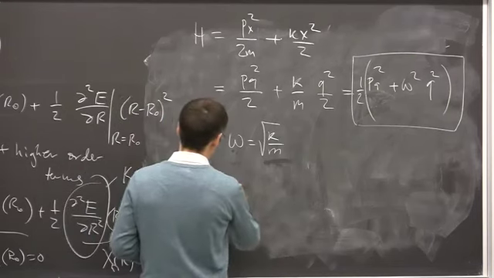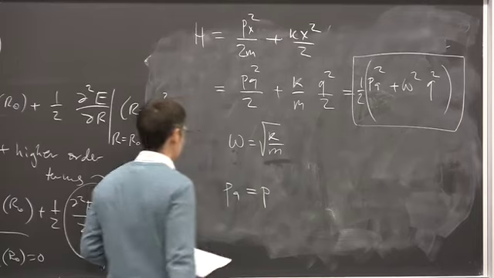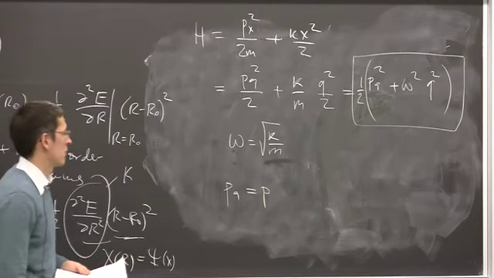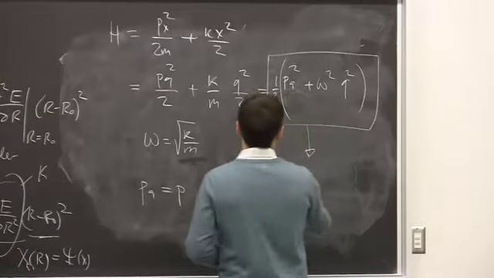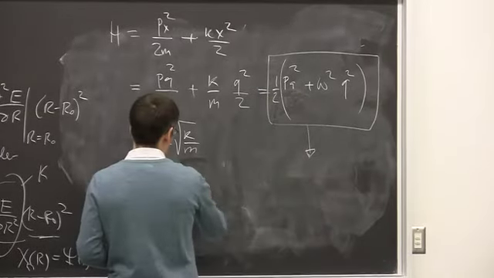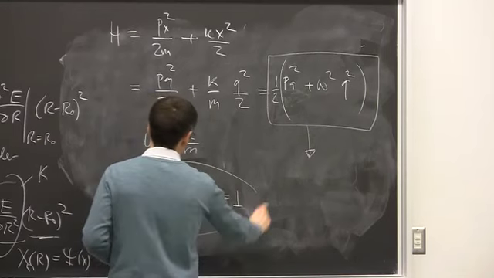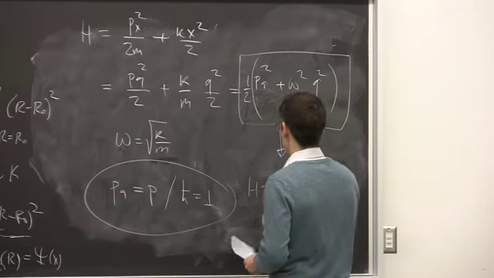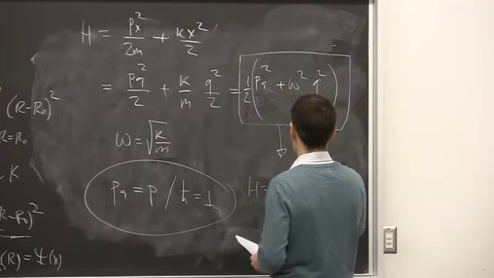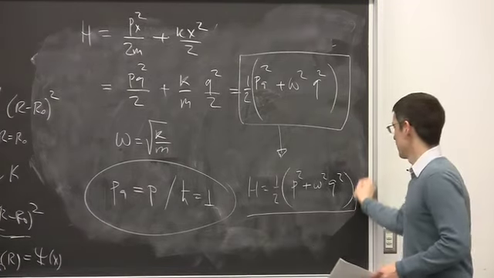Now, for the future, I will refer to PQ as just P, just to make notation simpler. And I'll be using atomic units, so H bar is 1. So that's my convention. Our Hamiltonian then is 1/2 P square plus omega square Q square, right? Very simple form.